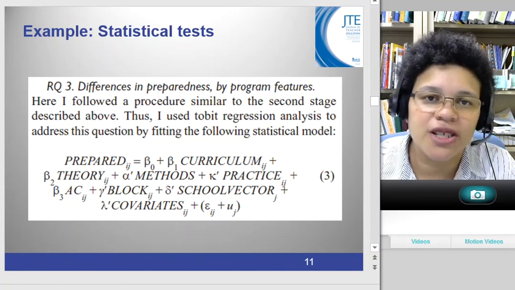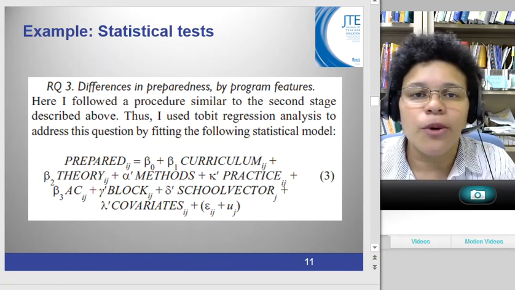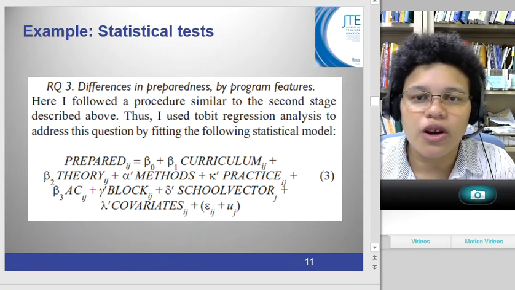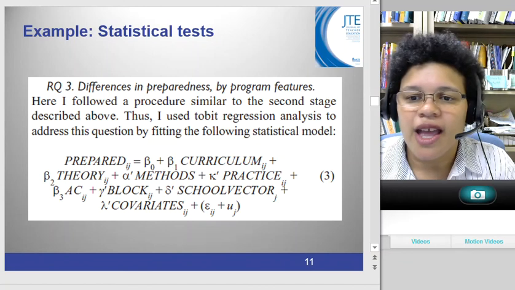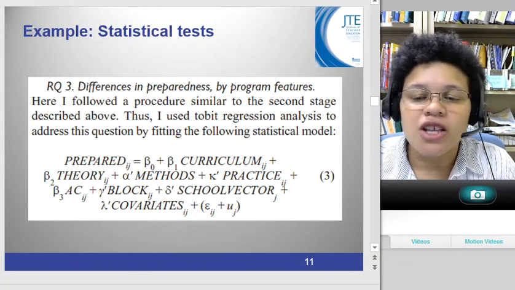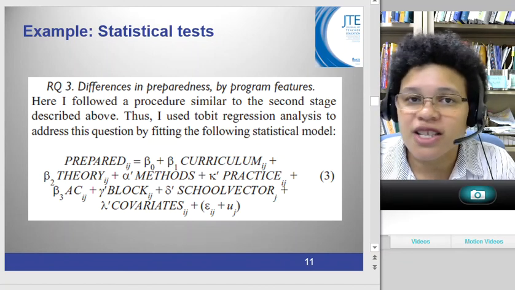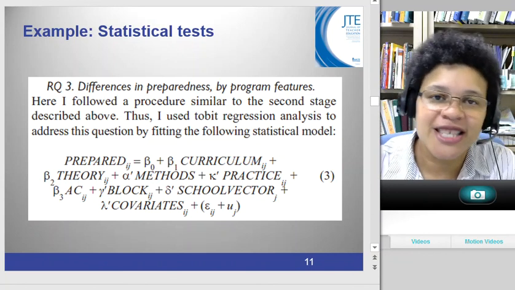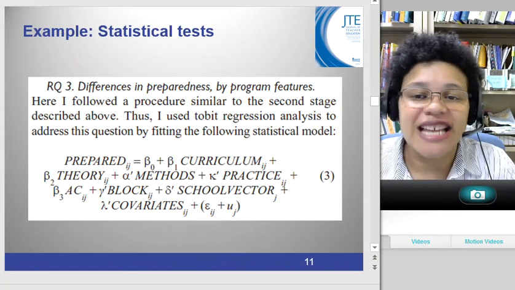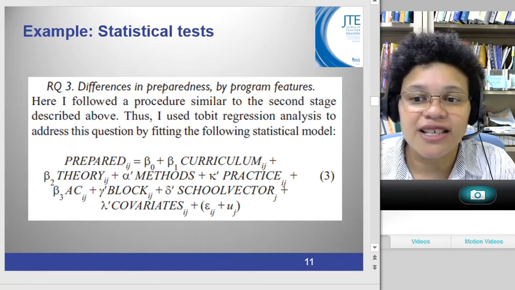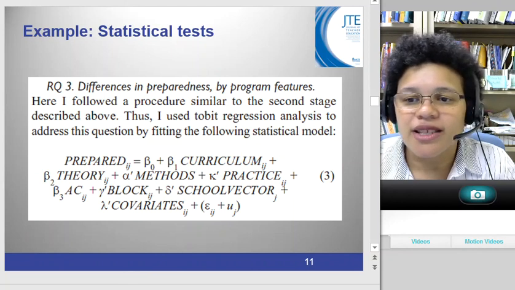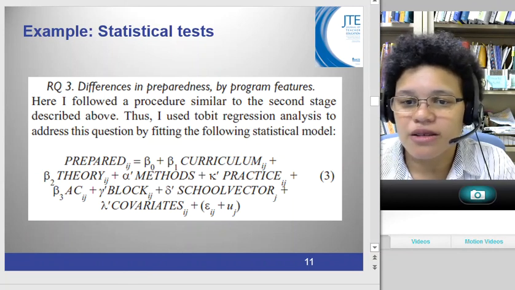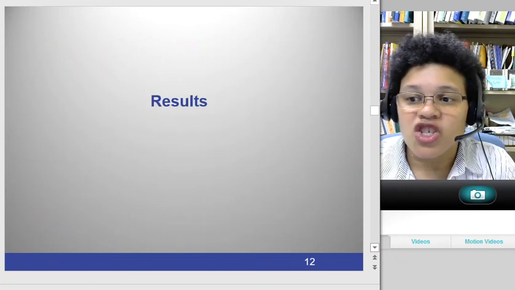I described it in more detail with RQ2. But what I said really doesn't matter because there's only one word you're looking for in this whole thing, and that is regression. That is an analytic technique, as we know from the previous slide, so you know that I did a statistical analysis called a regression analysis, and that was my model.